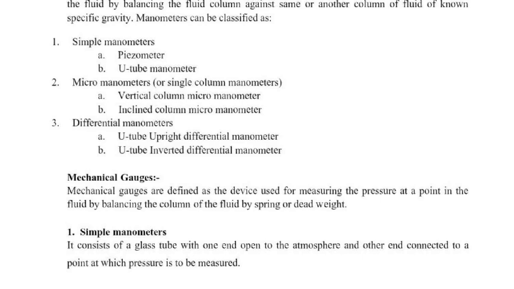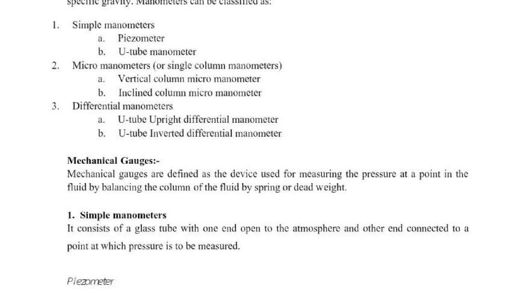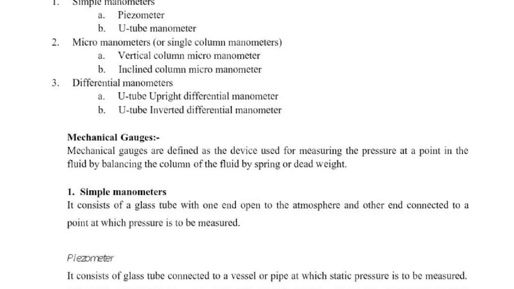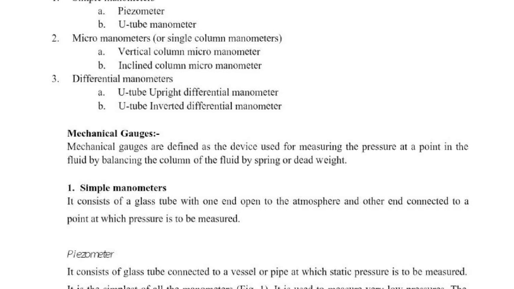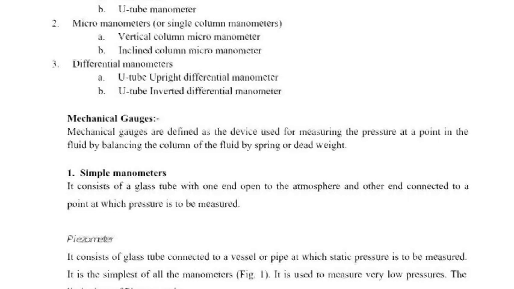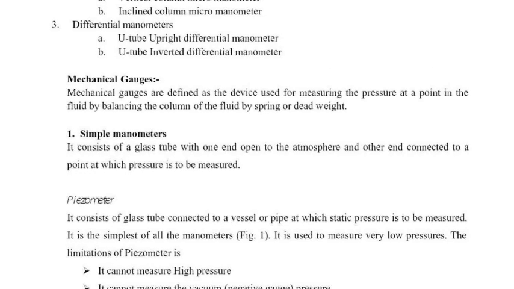We will discuss them one by one in future. Mechanical gauges: what are mechanical gauges? Mechanical gauges are devices used for measuring the pressure at a point in a fluid by balancing a column of fluid by a spring or dead weight.